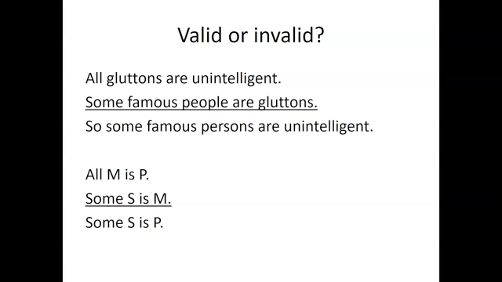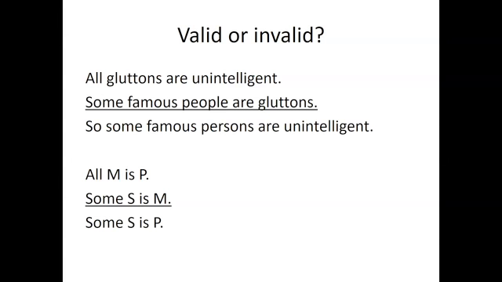The second rule is that the middle term must be distributed at least once, and the middle term is gluttons. We find it's distributed in the first premise of the form all S is P. So remember, in that kind of proposition, S is distributed, but not P. Okay, so gluttons is distributed in the premises, so that's good to go.